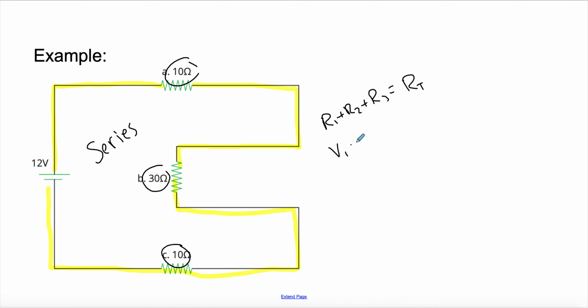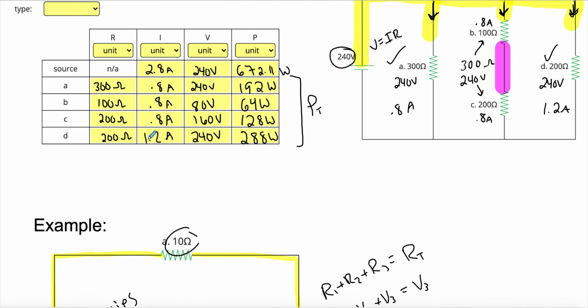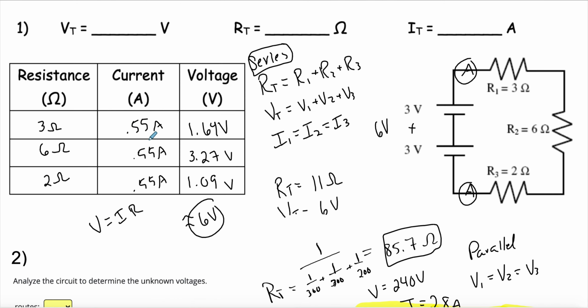Voltages the same way, and then your amps are the same. Okay, so this looks kind of ugly, but it's actually a pretty simple circuit. So hopefully this helped you review a little bit with solving circuits.